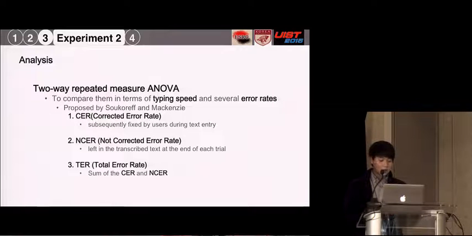First, the corrected error rate is the ratio of the errors that are subsequently fixed by users during text entry. Second, the not corrected error rate is the ratio of errors that are left in the transcribed text at the end of each trial. Last, the total error rate is the sum of the corrected error rate and the not corrected error rate.